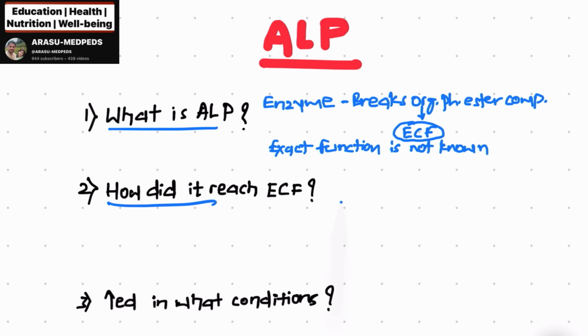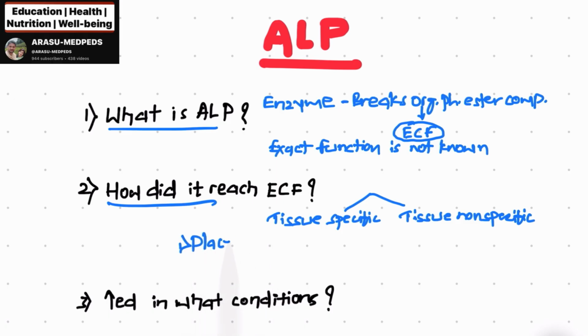We can divide this into two things. One is tissue specific. One more is tissue non-specific. So these are the sources we can consider. Tissue specific in the sense mainly the placenta, intestine and germinal tissue.